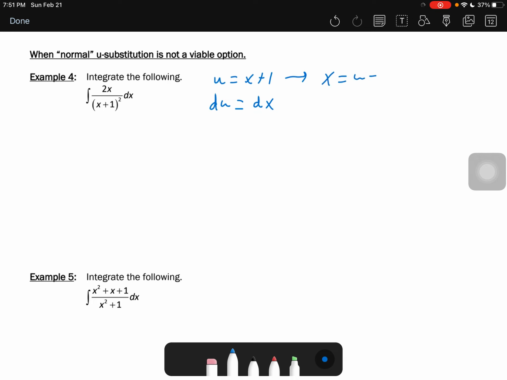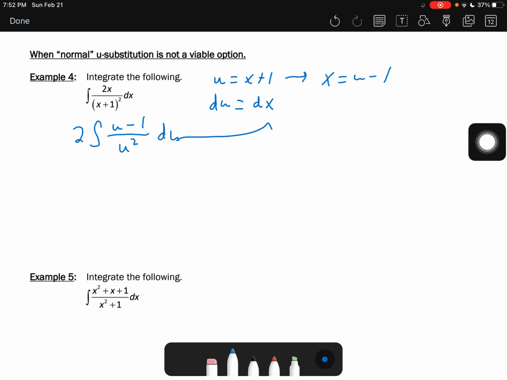So x equals u minus 1, right? And so in this, I'd pull that 2 out right away. And then for the x, I substitute u minus 1 on top. And on the bottom, I will have u squared. And then I've got my du there, for the dx.